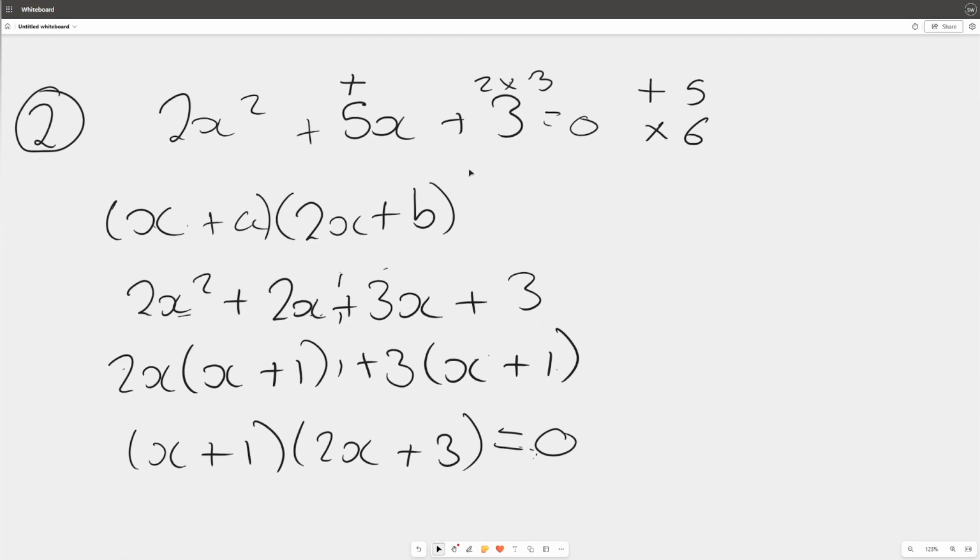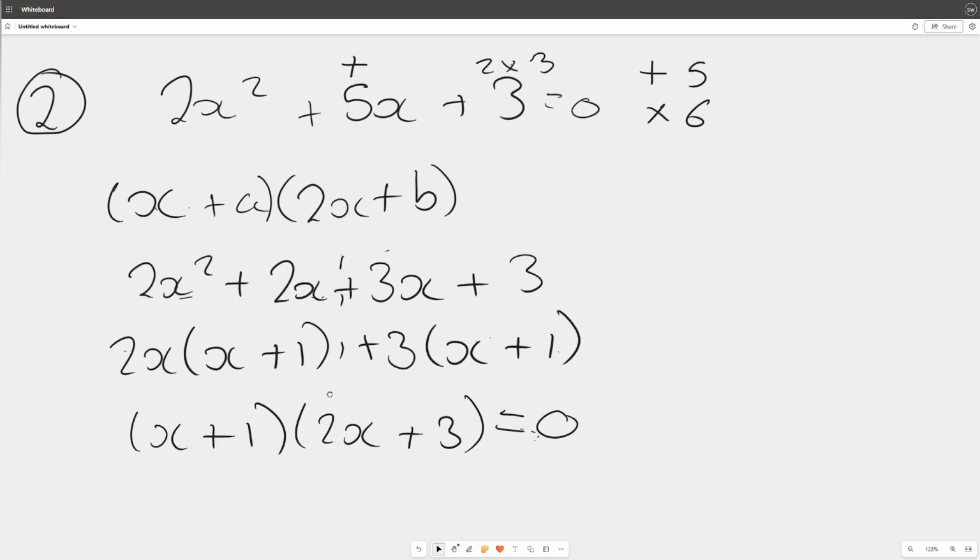The second one, where the coefficient of the x squared term is not 1, we have to look for 2 numbers which will add to make our x term and multiply to get our x squared term multiplied by our final term. We then split our equation in half, factorize out the bracket here, which is in the middle, and we get our answer, a correct factorization.